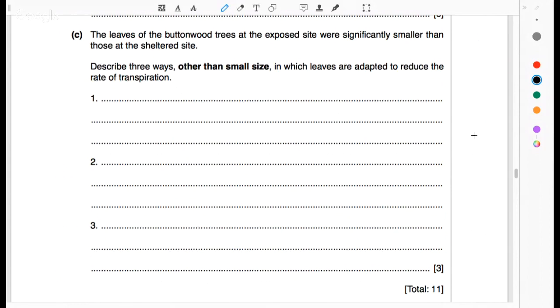Another one would be sunken stomata, which prevent wind from maintaining the water potential gradient. Okay, perfect, good. They're all valid, they're all right.